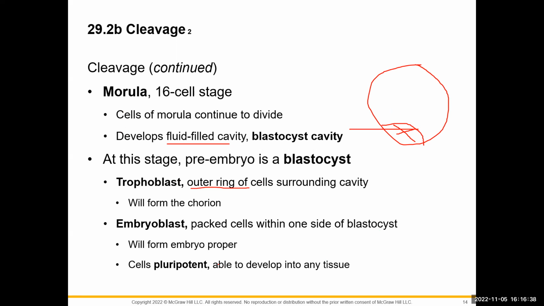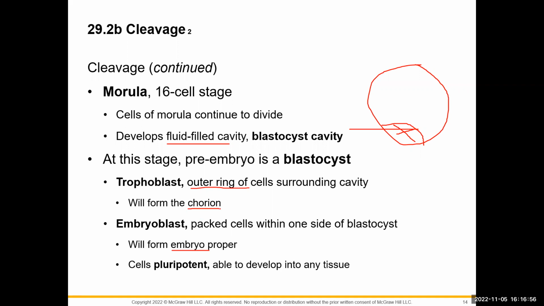The embryoblast is going to be the embryo, which will eventually become the fetus and the baby. The trophoblast, and we'll talk about the chorion later on, is going to be the beginnings of our placenta.